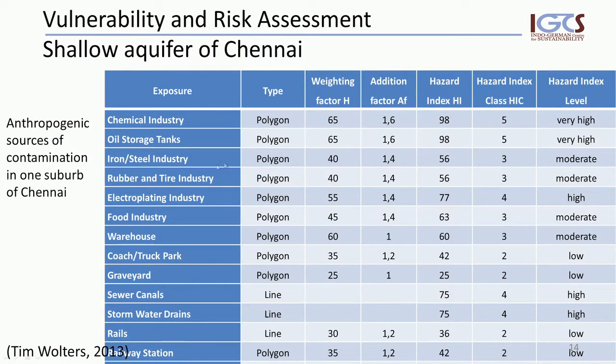But those can be built into the risk index, such as the chemical industry, oil storage tanks, rubber and tire industries, and so on. We can see where the location is, we can give each of those a certain weight, calculate a hazard index from that, and determine a hazard index level.